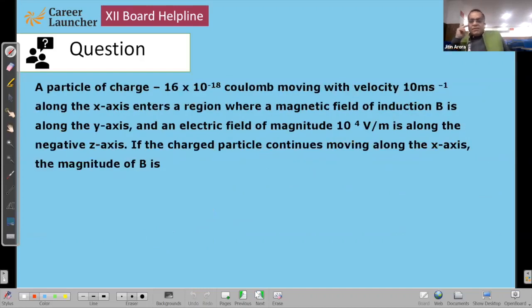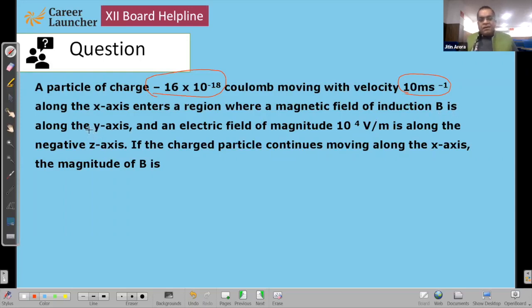अब आते हैं अगले क्वेश्चन पे. A particle of charge -16 into 10 raised to the power minus 18 coulomb. So this is a negative charge moving with a velocity of 10 meters per second along the x-axis enters a region with a magnetic field B is along the y-axis. ठीक है.